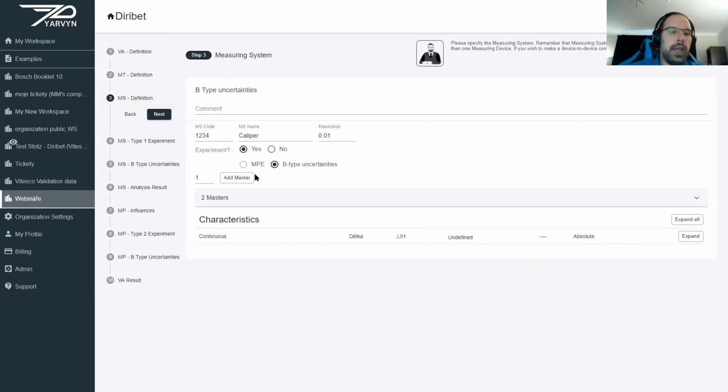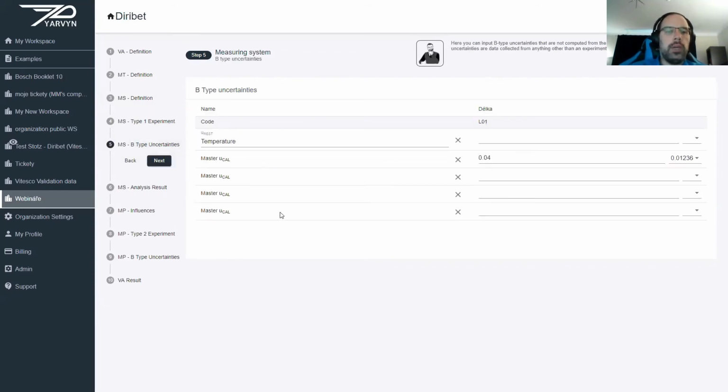And the last option is if you have more than 2 masters. In this case, for example, I have 4 of them, and in the B-type uncertainties you can also see that linearity is gone. It's calculated from the data. It's type A. Bias will also be calculated from the data, also type A. And here in the B types, there are only the other uncertainty and calibrations for the masters.